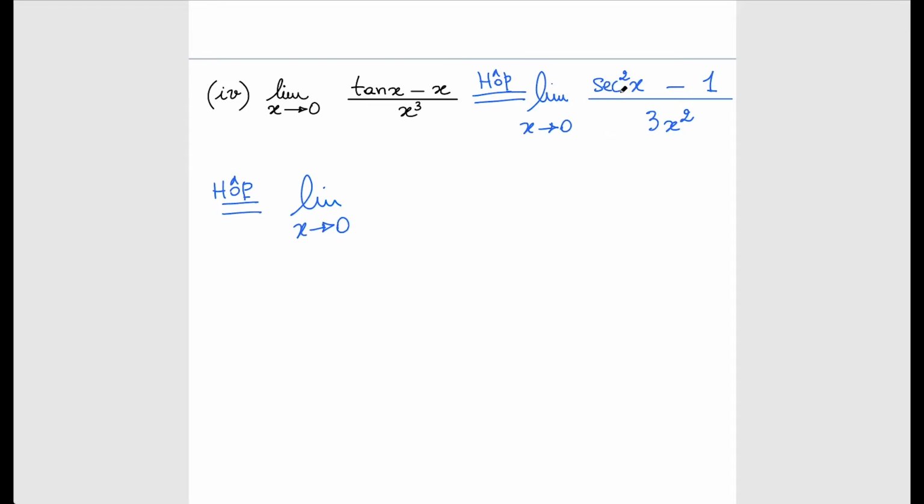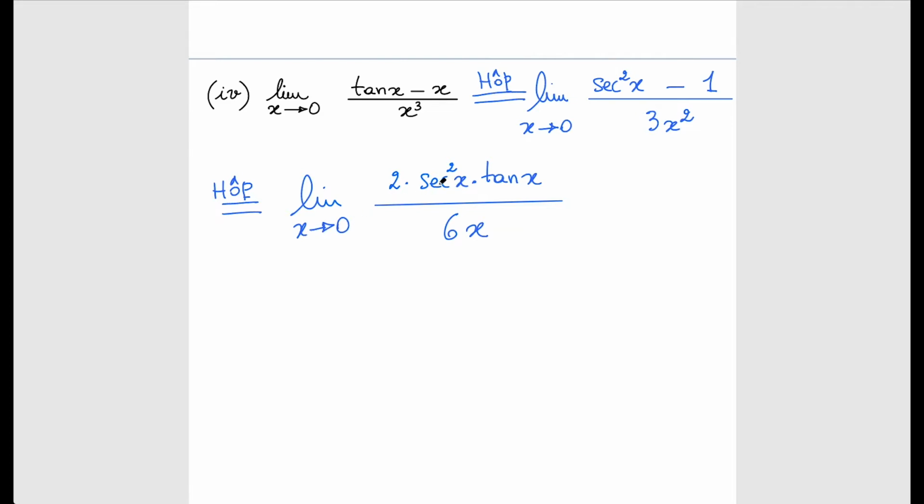The derivative of secant squared, that's 2 times secant of x times, I'm using chain rule, the derivative of secant, which is secant tangent. So I'm going to pick up another secant times tangent, minus 1, derivative of 1 is 0, and then downstairs I'm going to have 6x, right? So I'm going to have this thing.